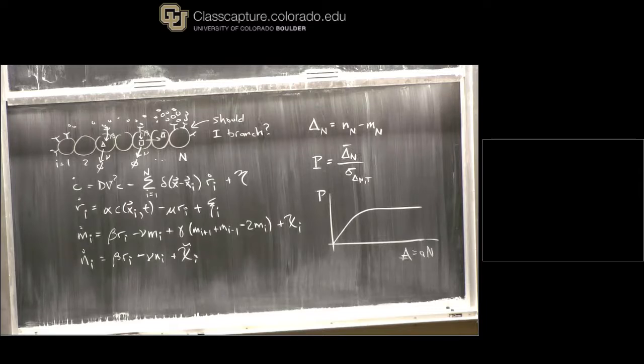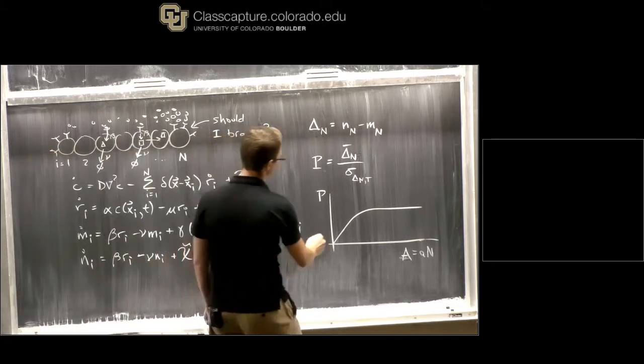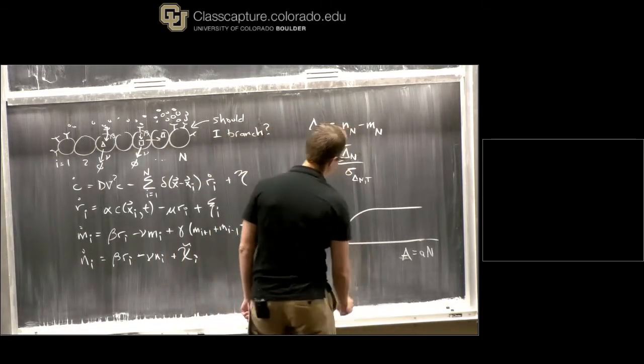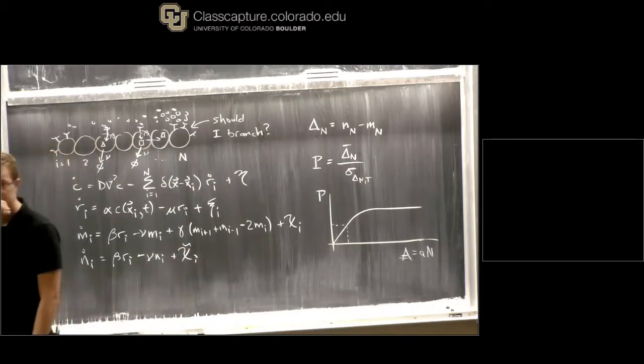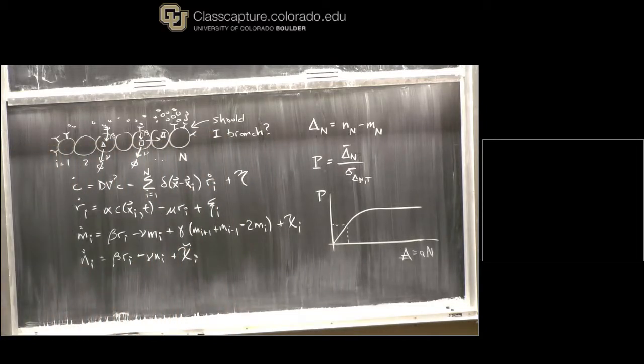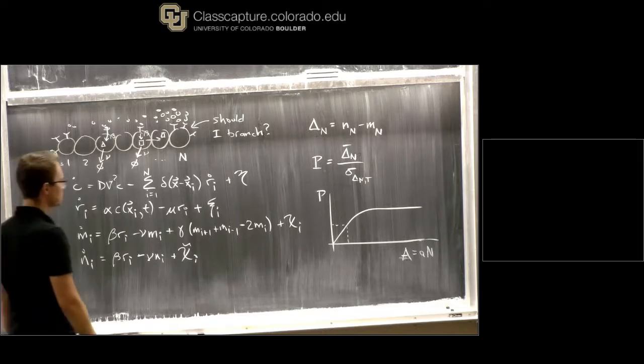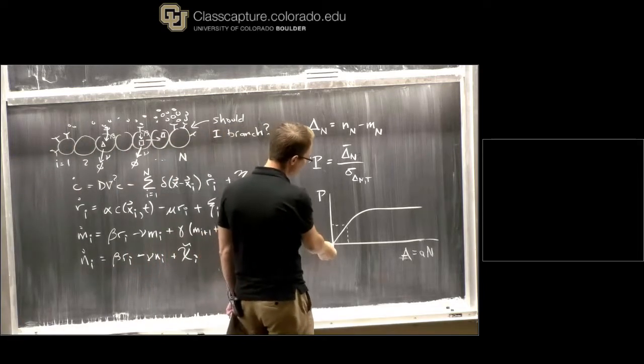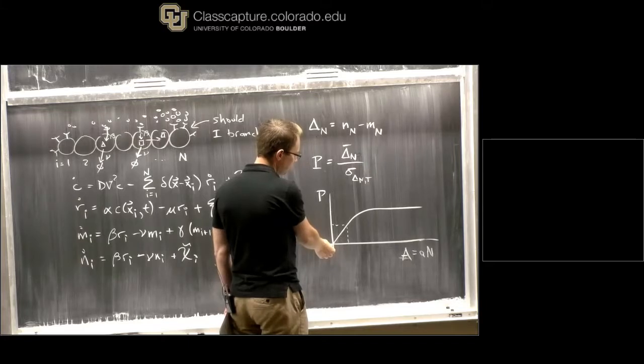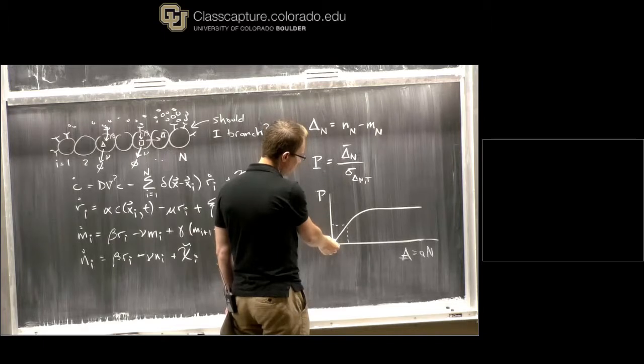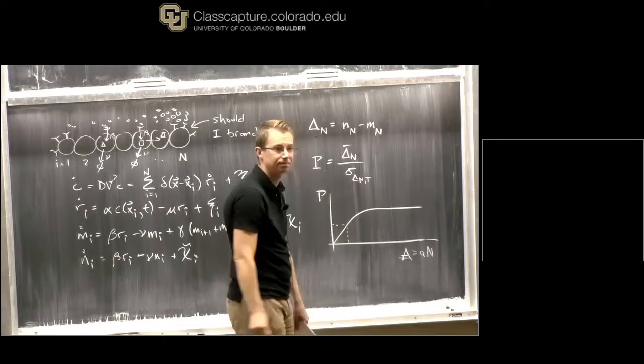Any ideas on why it saturates? Or any ideas on what sets the size at which it saturates? So let's think about what this is saying. It's saying as the collective of cells gets larger and larger, I learn with higher and higher precision about the gradient, up to a point.